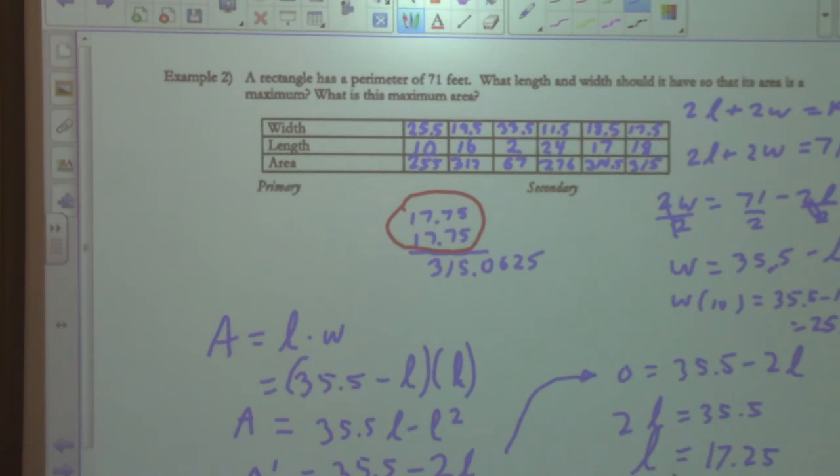W is going to be the same thing, right? So you have a square. Is it 17.25 or 17.75? It's 17.75, there we go. So I did that wrong. But that's it, it's the same type of problem, really.